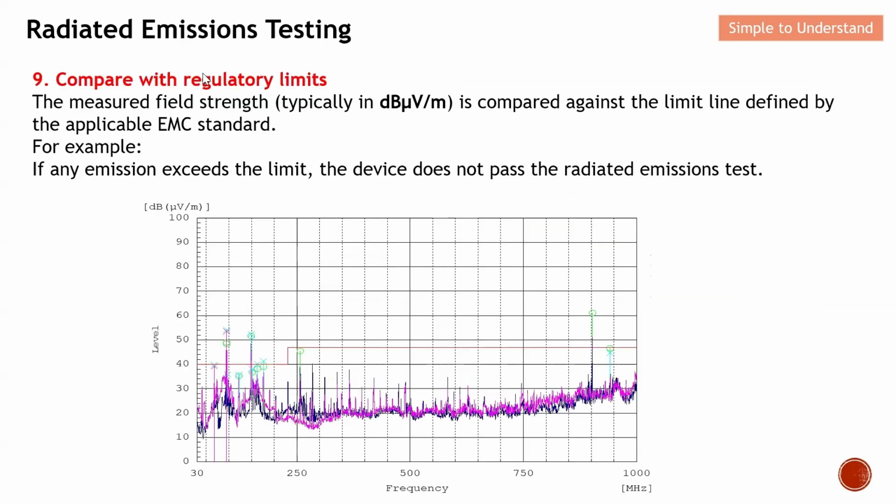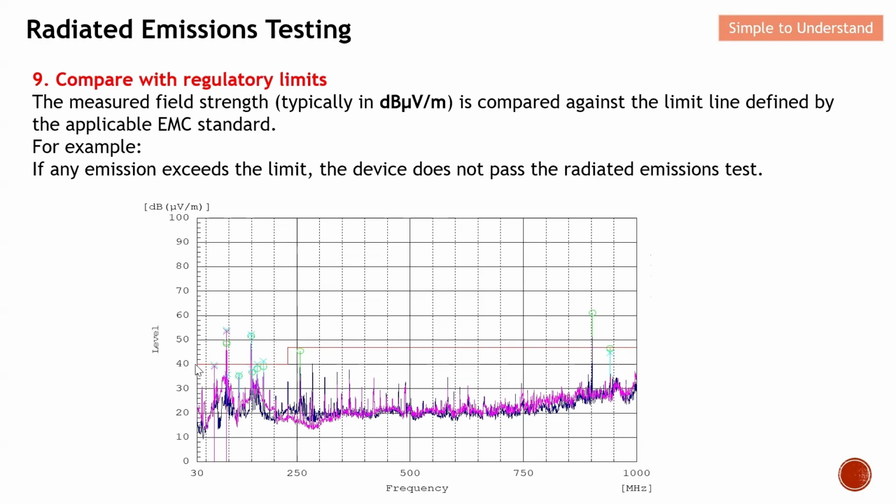The last step, compare with the limit line. Basically, this is the measured field strength. They are typically in dB microvolt per meter, as you can see from here. They are compared against the limit line. The red color is the limit line. Different standards will have different limit lines.